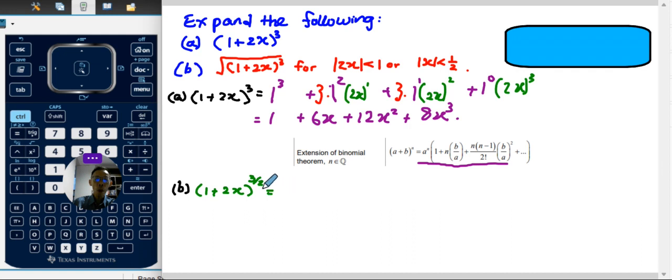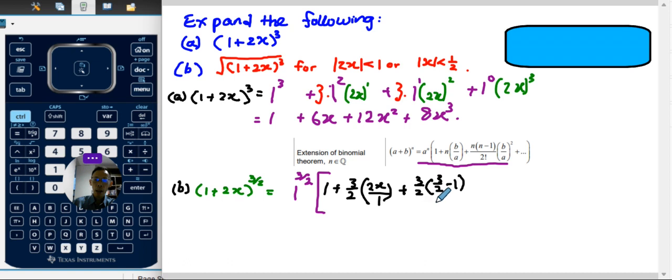So we're just going to use the formula given in the formula booklet. I will start with 1 to the power of 3 over 2, and then a big bracket, and I put inside here 1 plus 3 over 2 times 2x over 1, plus 3 over 2 times (3 over 2 minus 1) over 2 factorial times (2x over 1) squared, and I continue this process. 1 to the power of 3 over 2 is just going to be 1.